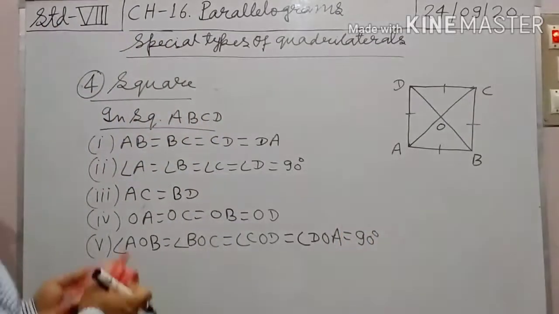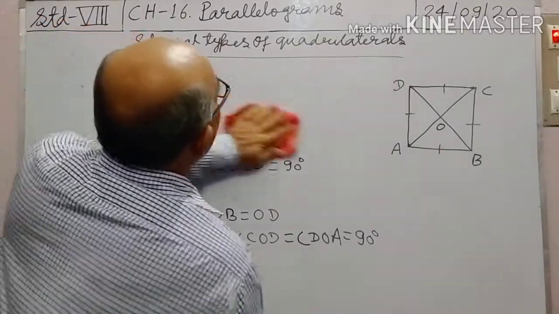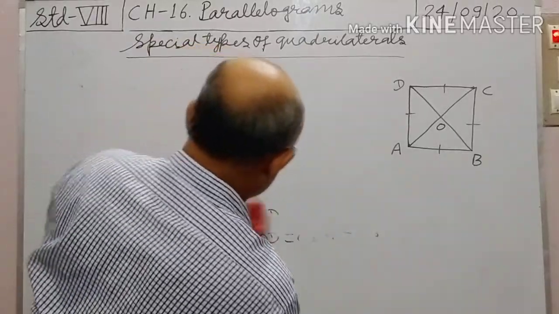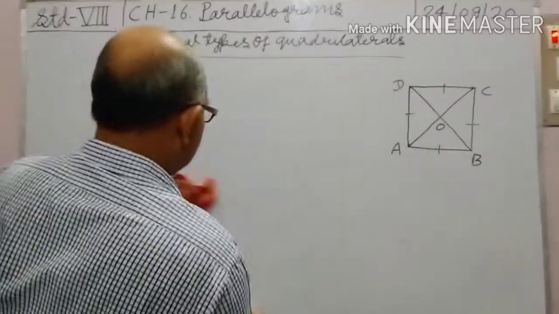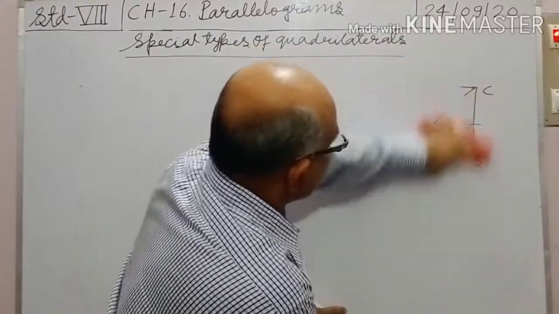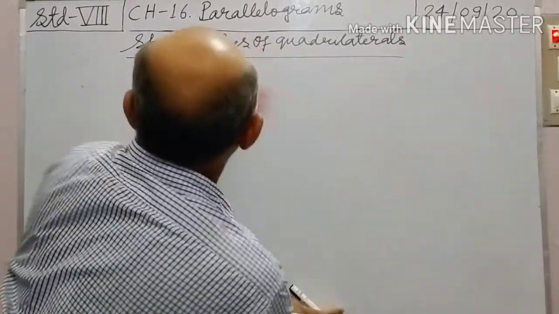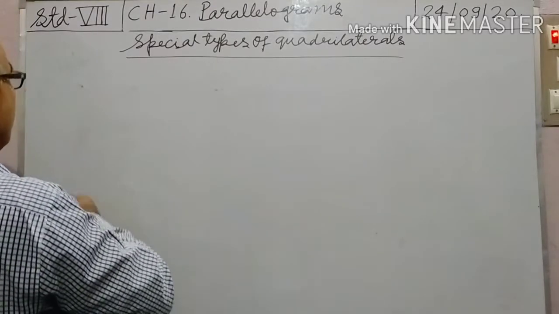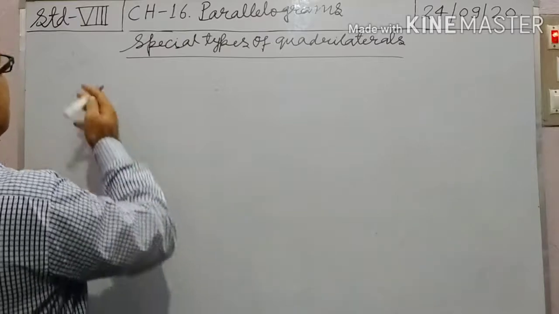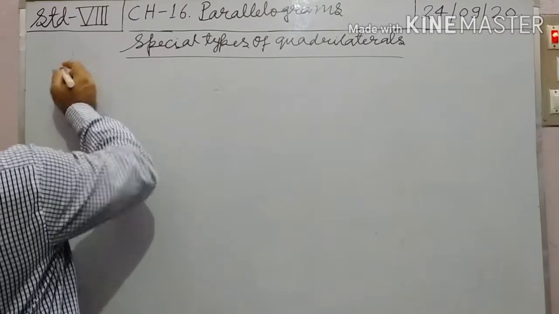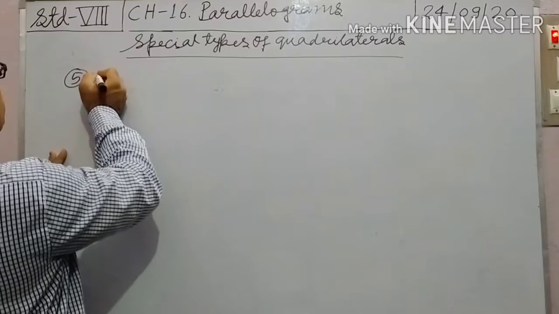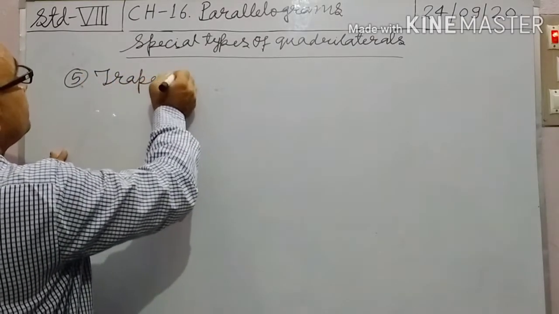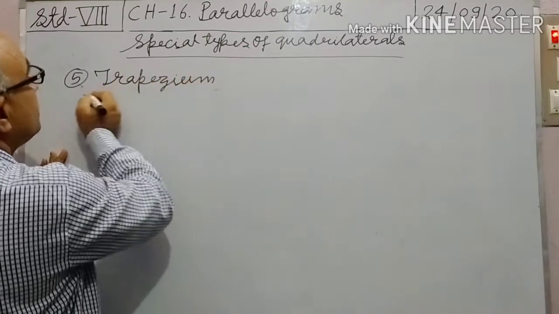And fifth, a special type of quadrilateral is the trapezium.